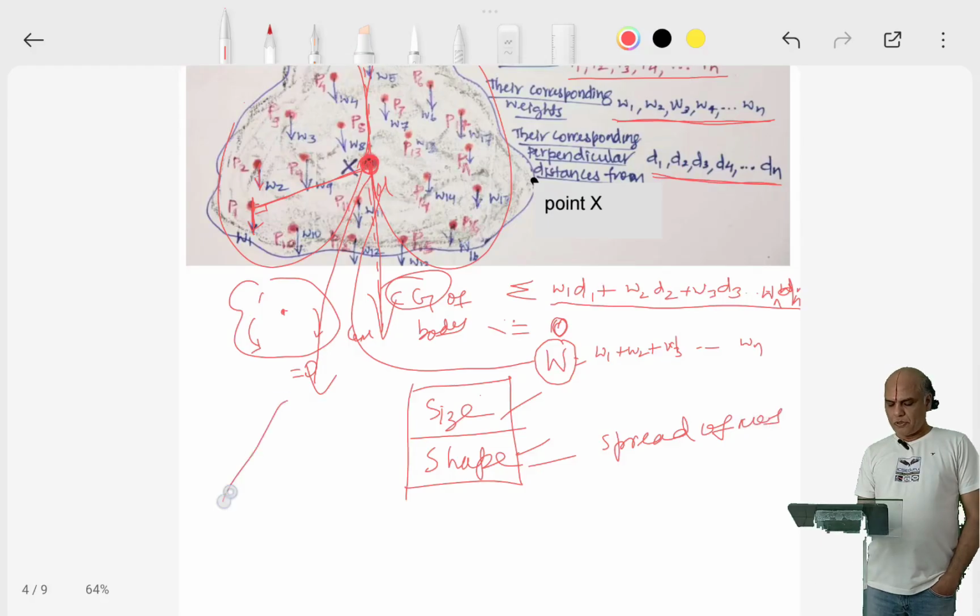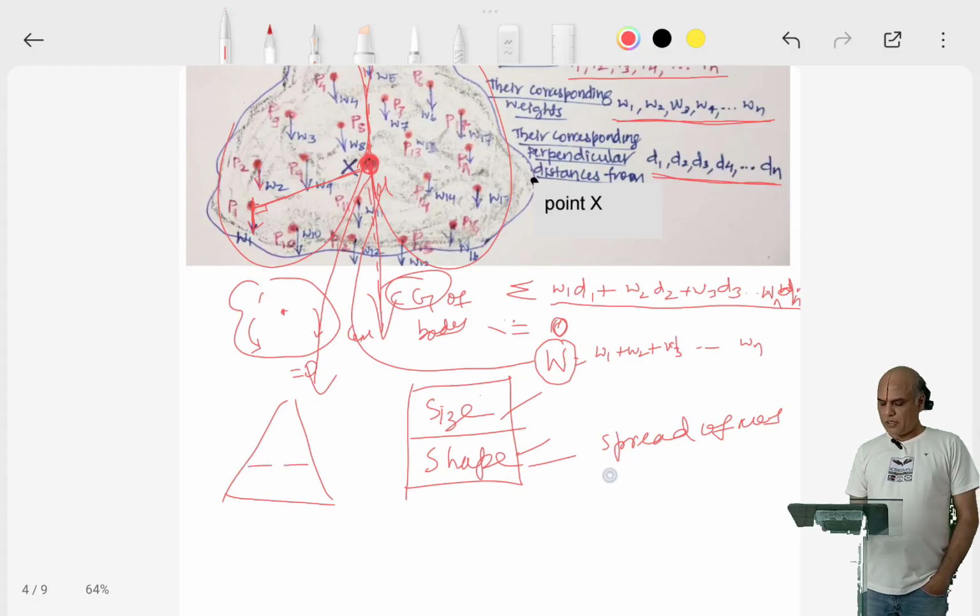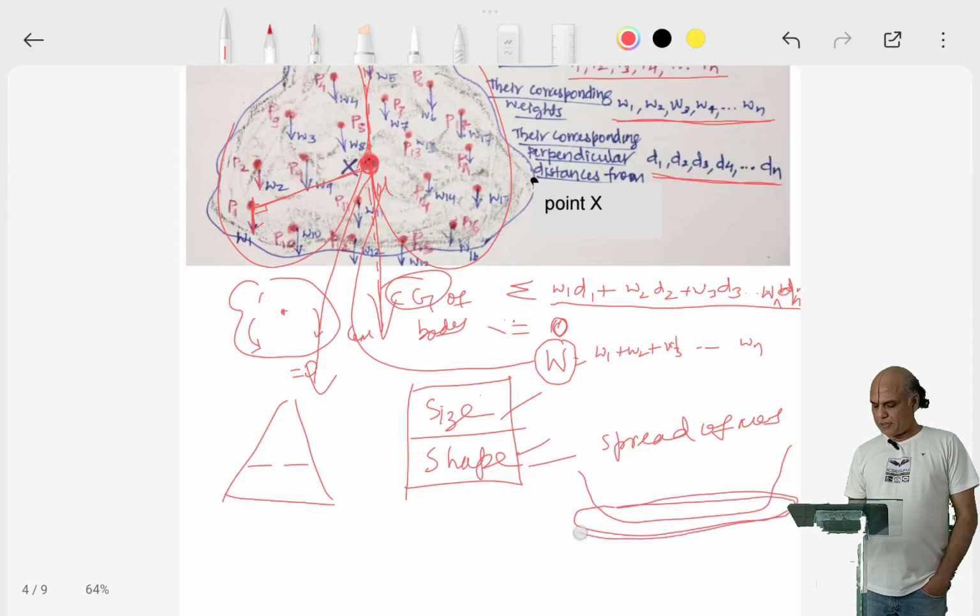Okay, suppose you consider a cone, the mass is more spread towards its base, so this is called spread of mass. If you take a ship, the base of the ship is made so heavy that it doesn't capsize, so that the Cg will remain somewhere within the base.